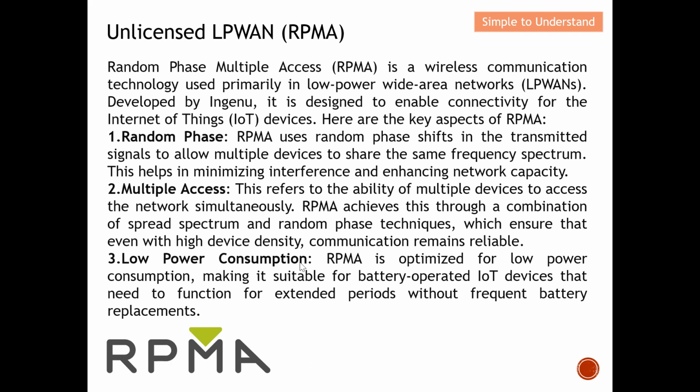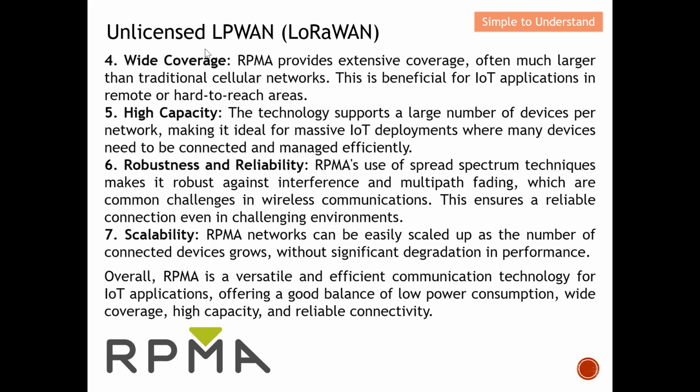Low power consumption. RPMA is optimized for low power consumption, which makes it very suitable for battery powered IoT devices that need to function for extended periods without frequent battery replacement. Next, in terms of coverage, RPMA provides extensive coverage.